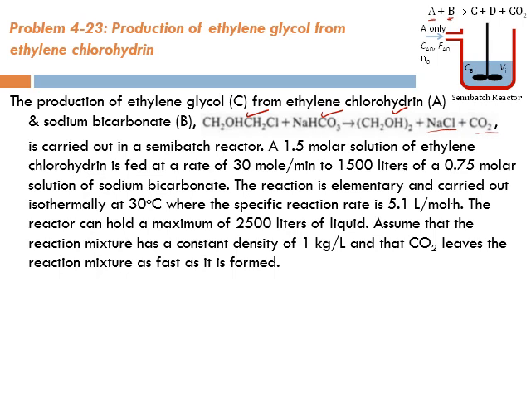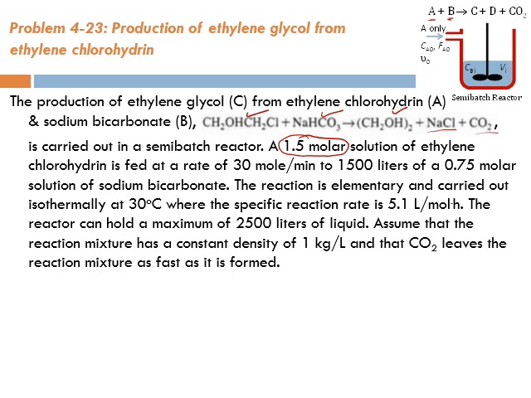So this reaction is carried out in a semi-batch reactor. A 1.5 molar solution of ethylene chlorohydrin. So what is this? Obviously, this is the unit of concentration, so it is a concentration. Concentration of what? It's the concentration of ethylene chlorohydrin.